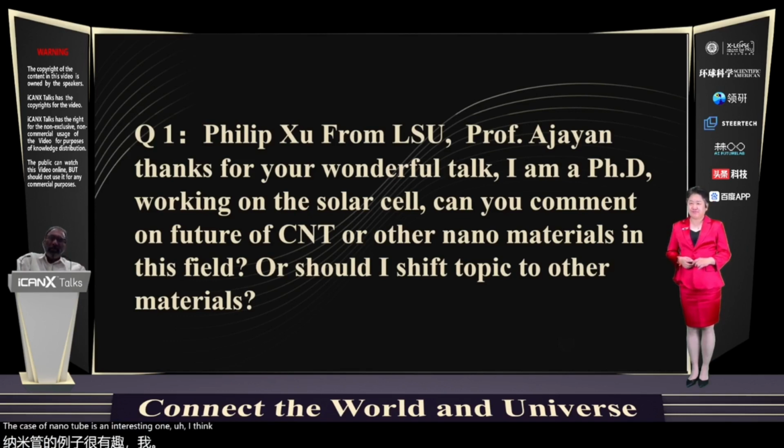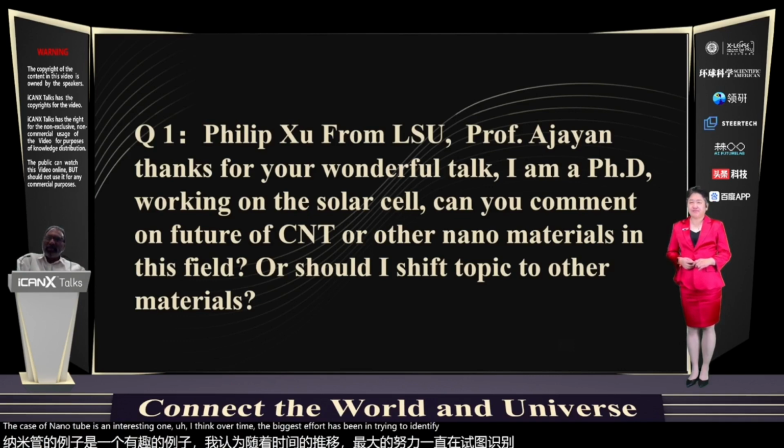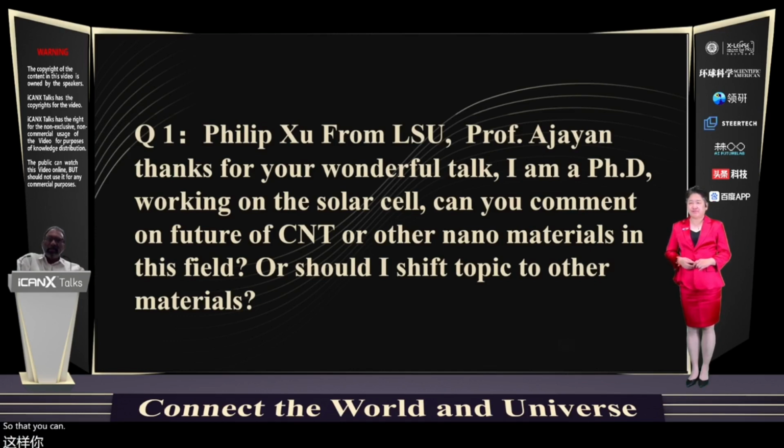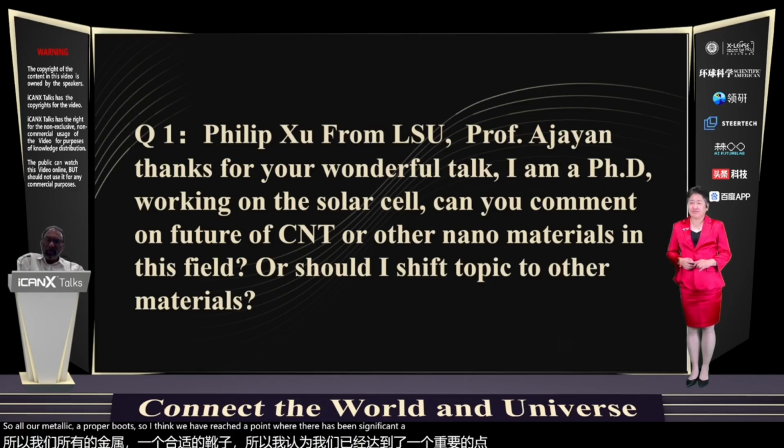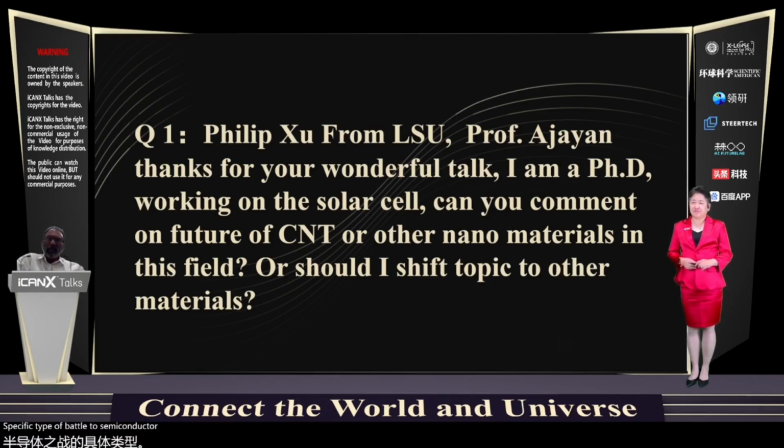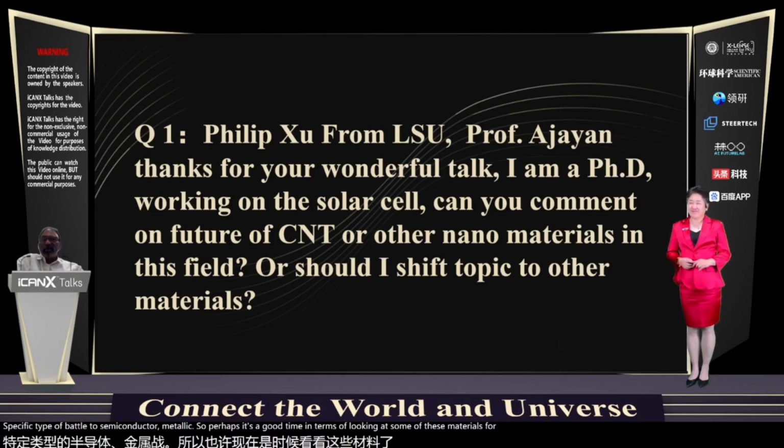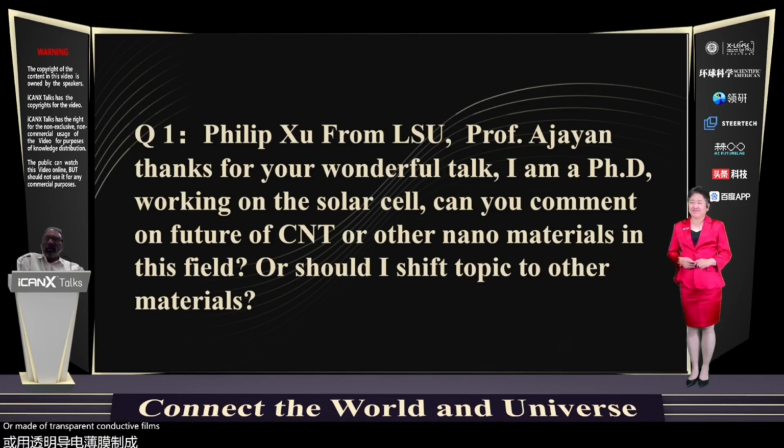Over time, the biggest effort has been in trying to identify specific types of nanotubes with chirality so that you can access the semiconducting or metallic properties. We have reached a point where there have been significant developments in isolating specific types of nanotubes, semiconducting or metallic. So perhaps it's a good time to look at some of these materials for applications like solar cells or transparent conducting films.